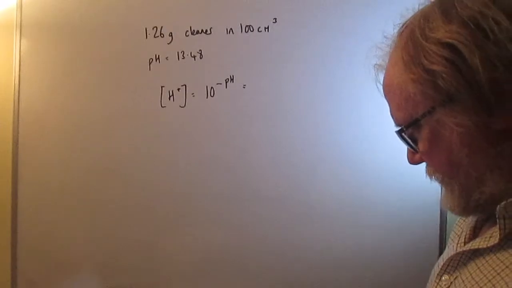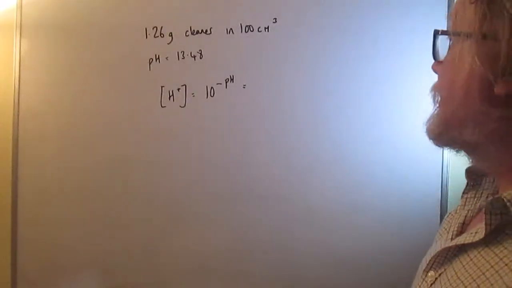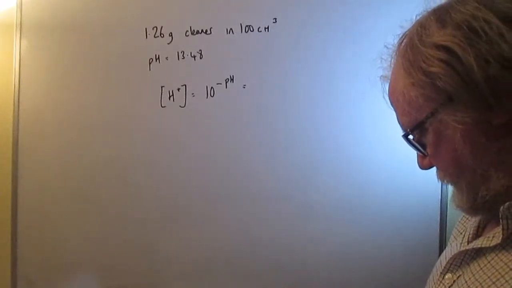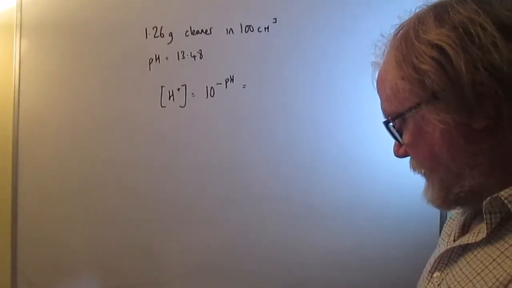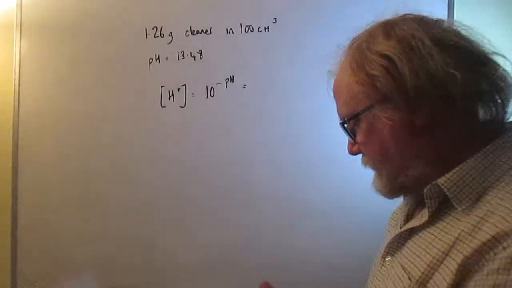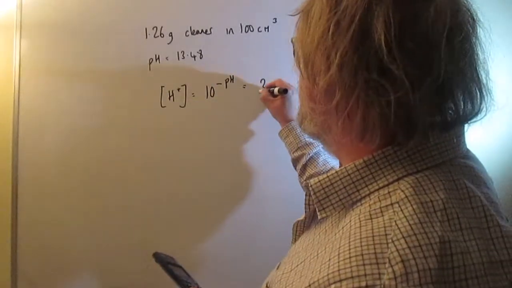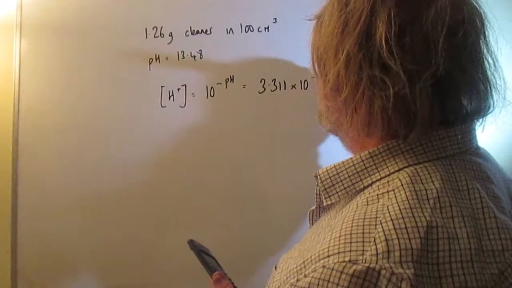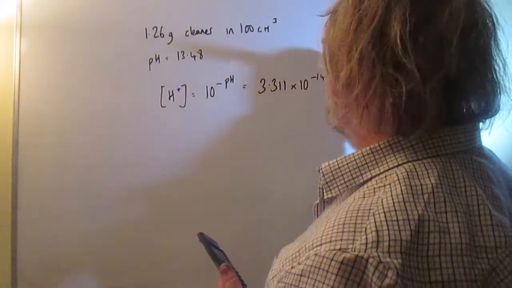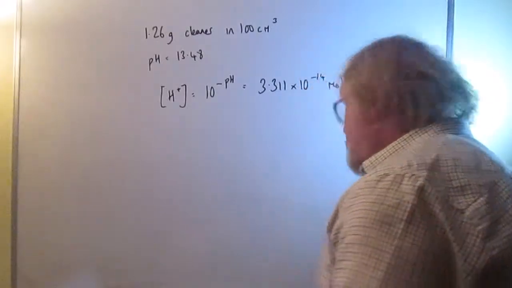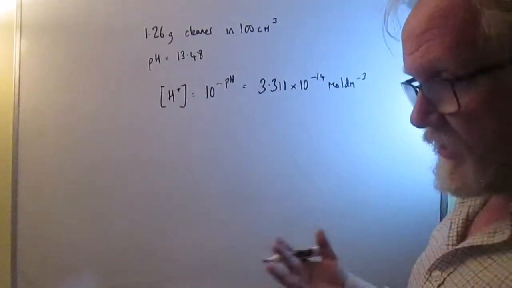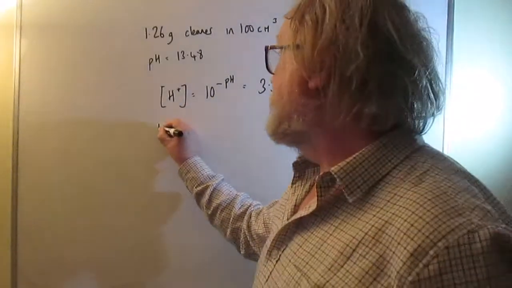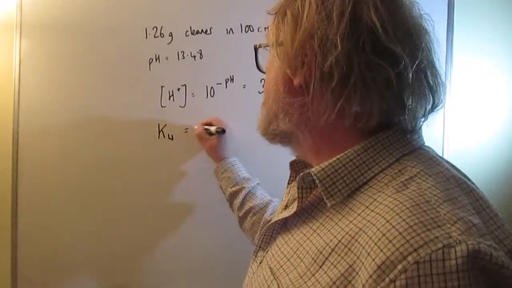We've got inverse log of minus 13.48, which is 3.311 times 10 to the minus 14 moles per dm cubed. So that's the H plus concentration, but obviously this is a question about sodium hydroxide, so we need to relate that to the OH minus concentration, and the key to that is Kw.